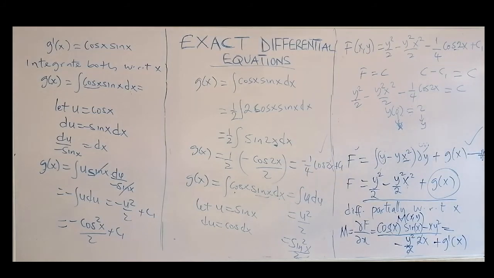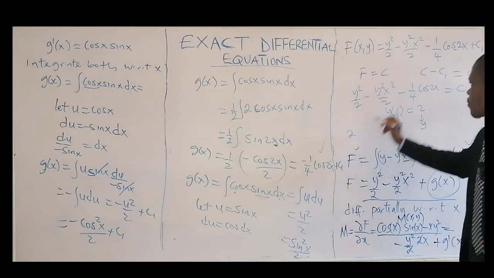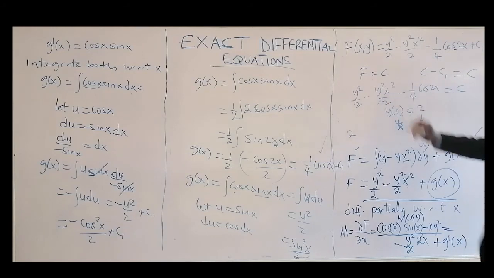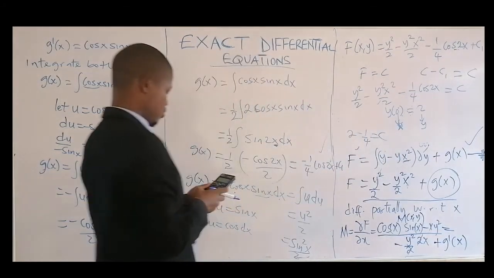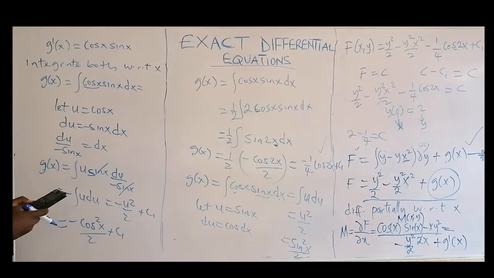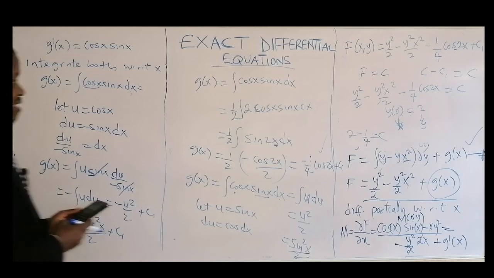So plug in those values. Then you have 2 here, this one will cancel, then 0 here, then cos 0 over 4, minus 1 over 4, equal to c. So 2 minus 1 over 4, that's 7 over 4.